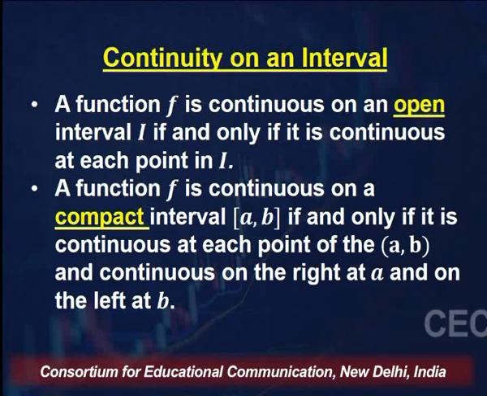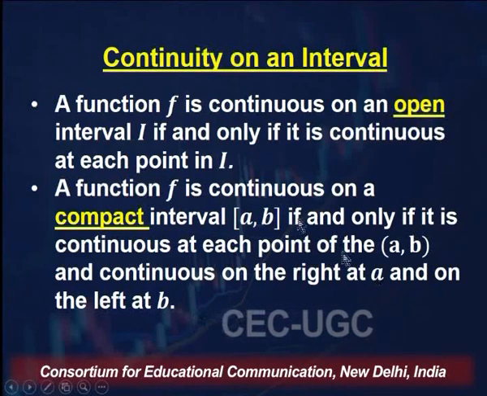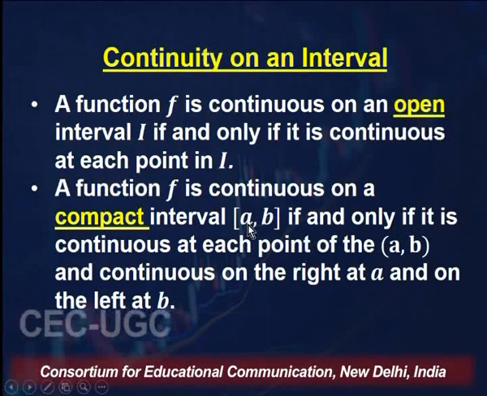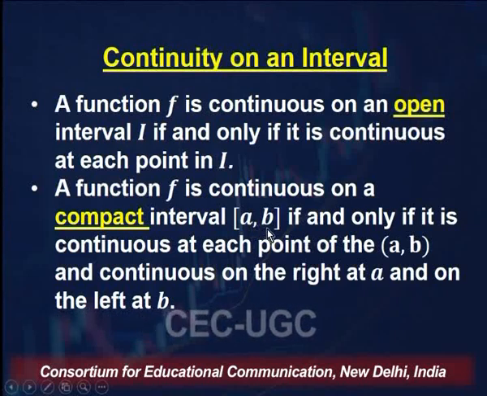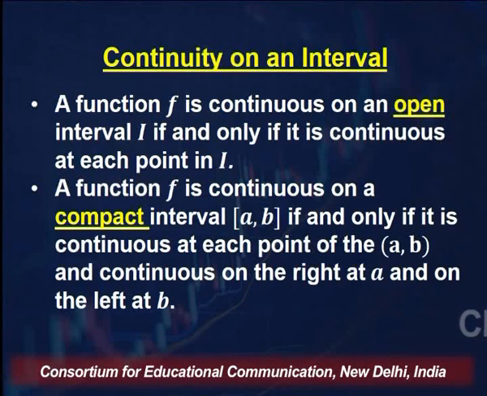At the same time, the function also has to be continuous on the right at a, because you also have to have endpoint continuity. Because you're not going to be moving to the left of a, the function has to be continuous on the right at a and on the left at b. So if we are checking for continuity on a compact interval, we'll also have to check for the endpoints.